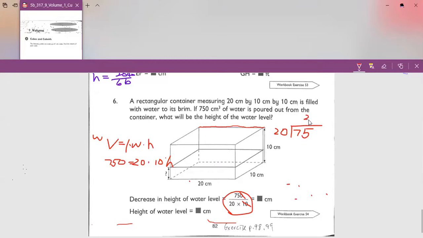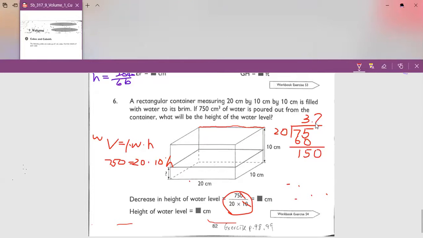So we try 3, 3 times 20 is 60, 75 minus 60 leaves 15. So we bring down 5 and 1. Right? And then we need to put a decimal point here and bring down 0.